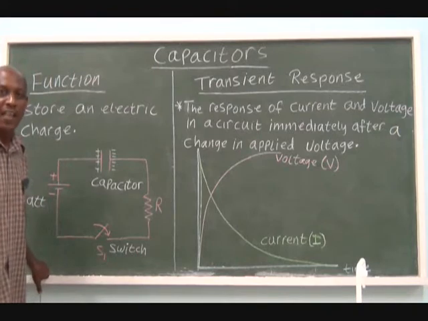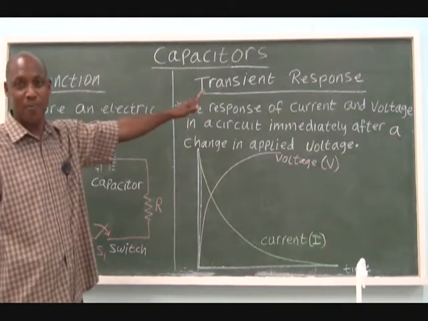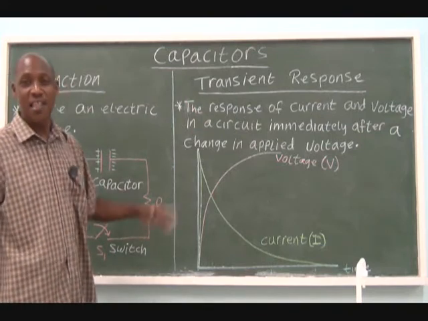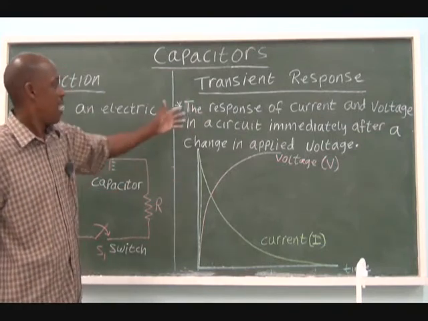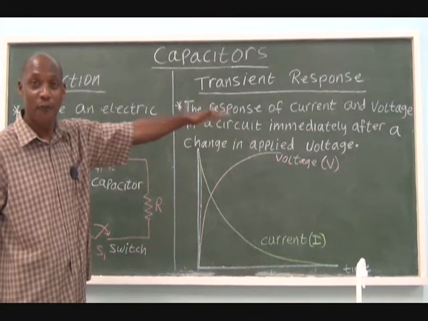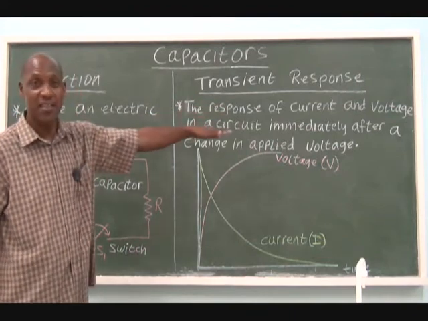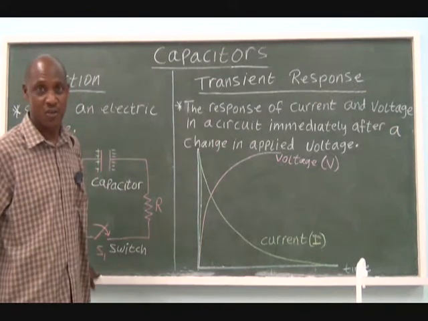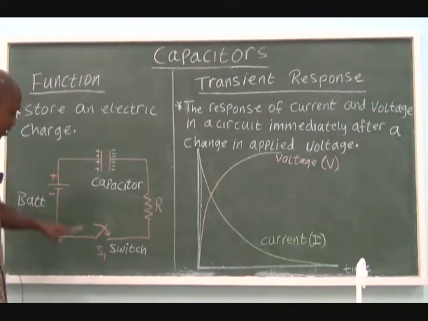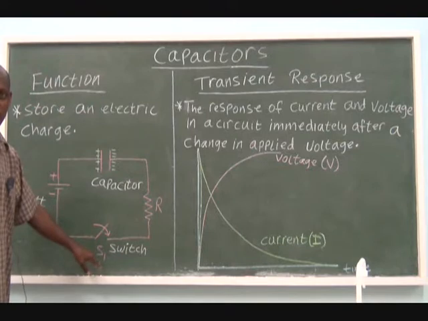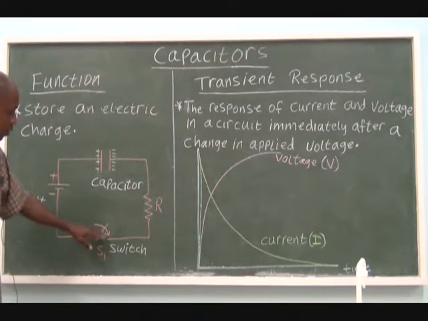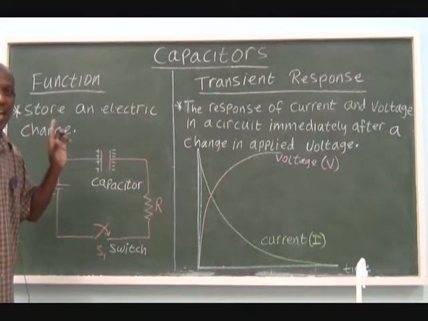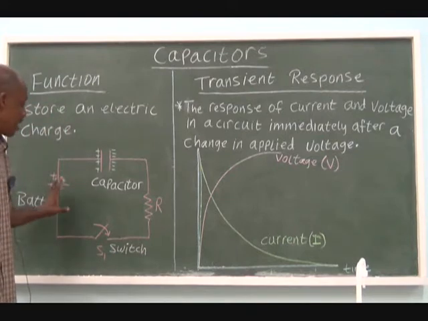We are now going to look at the transient response of the capacitor. Now, what is the transient response? It is the response of current and voltage in a circuit immediately after a change in applied voltage. That applied voltage will come in when I close the switch. So when I close the switch, immediately what is the behavior of the voltage and the current in this circuit?